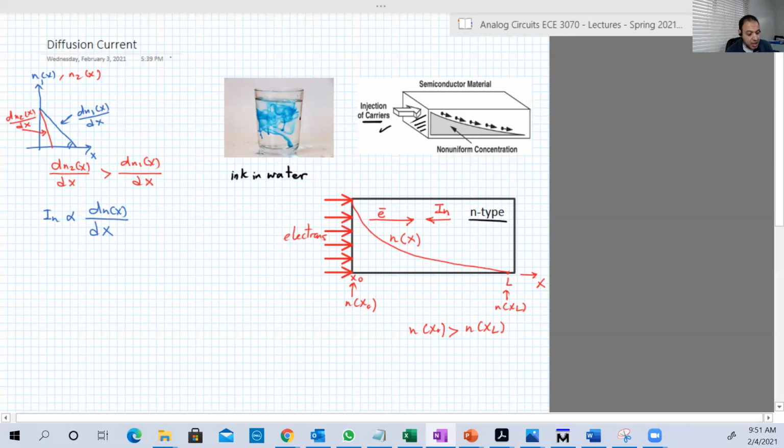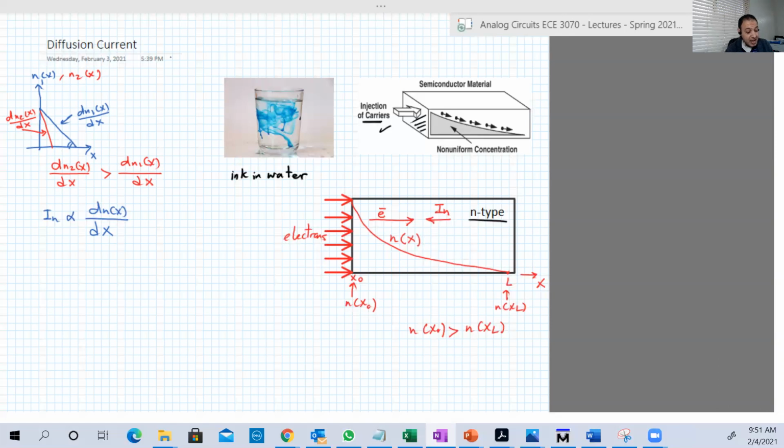What else? So again, let's go back to the definition of a current. A current is the amount of charge that passes through some cross section in some time. So you just divide the amount of charge by the time. This will give you the current. So if we have more charge, we will have more current.